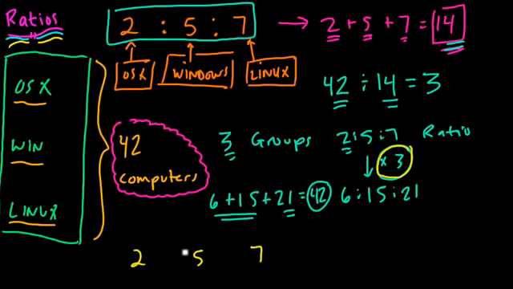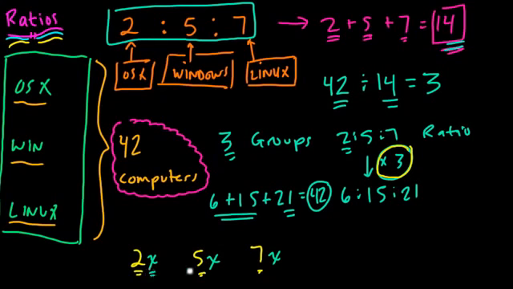And I know that I'm going to scale up each part of this ratio by the same amount because I don't want to change the ratio. So that means I'm going to have some number of groups running OS X, and the same number of groups of 5 computers running Windows, and the same number of groups of computers running Linux, because we have to multiply each part by the same number.